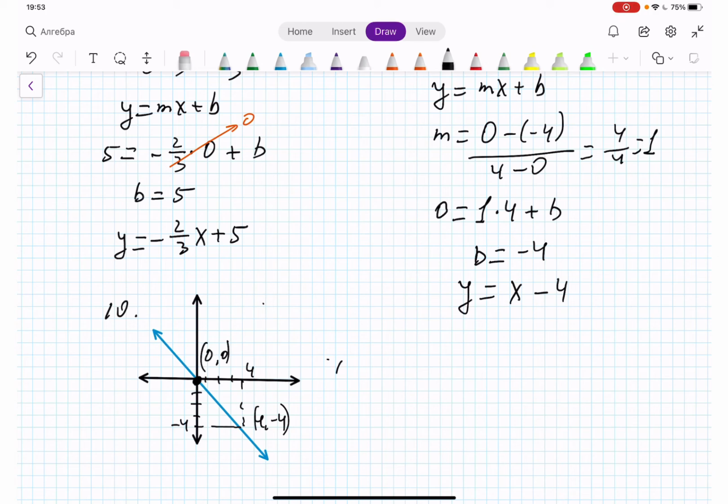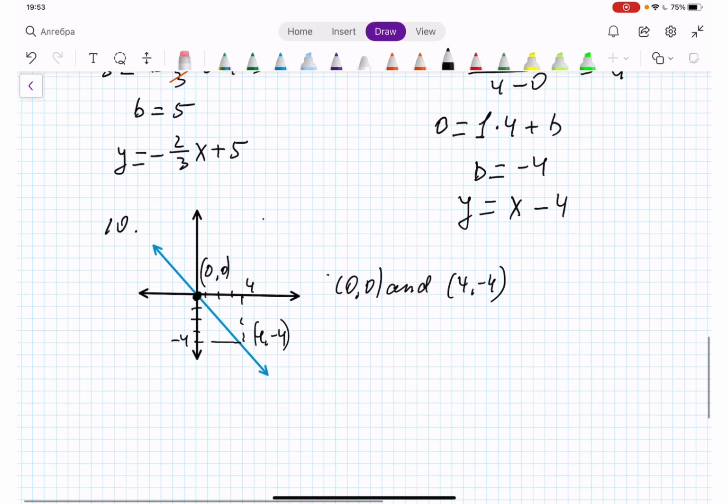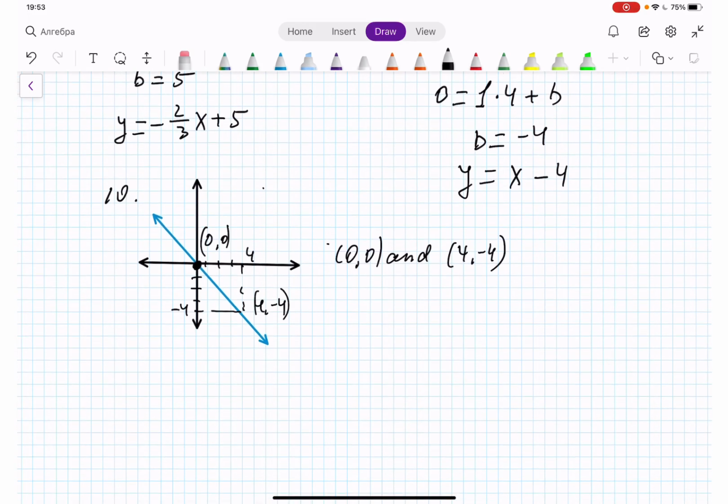So we have points 0 and 0 and 4 and negative 4. Okay, so the slope is equal to 0 minus negative 4 over 0 minus 4. Positive 4 over negative 4 is equal to negative 1. Okay, so now let's find our intercept.